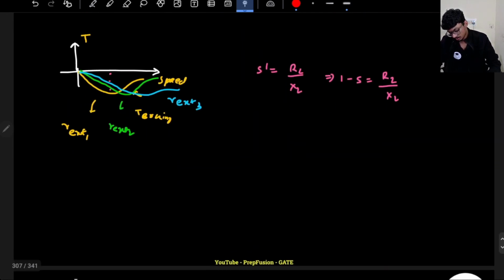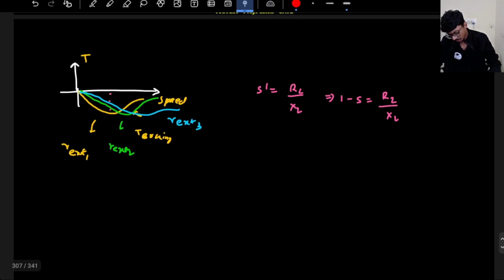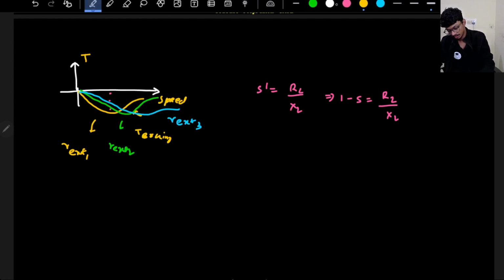If you want to understand this, why is it increasing here? If I am adding, what is my slip becoming?